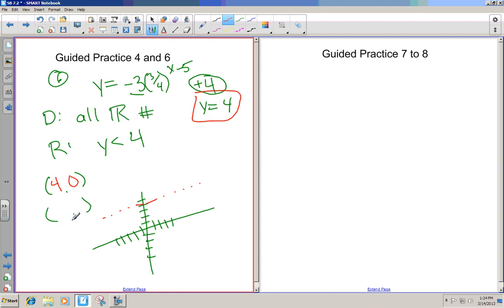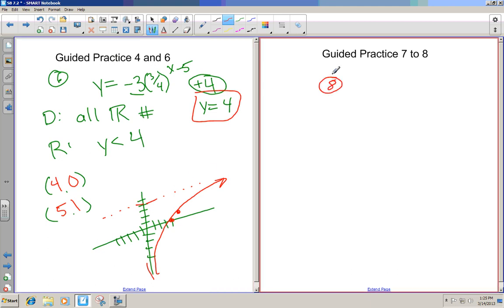We're going to find some nicer ones to graph, and maybe 5, 1. 5, 1 is about right here. If you looked at the graph, you could sketch it and see that it cuts through and angles like that. That is how this is set up.